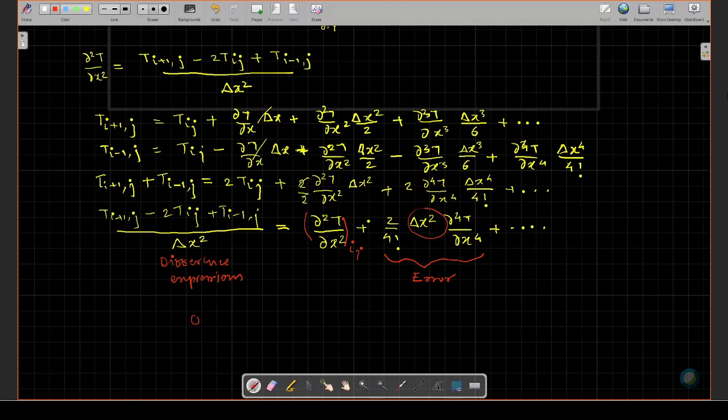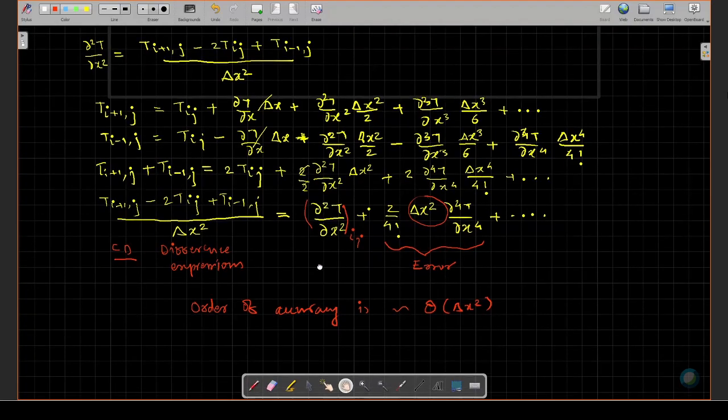So the order of accuracy is order of delta x square, and this is called a central difference, CD expression. Okay, so we have seen that in many cases central difference expression is very good.